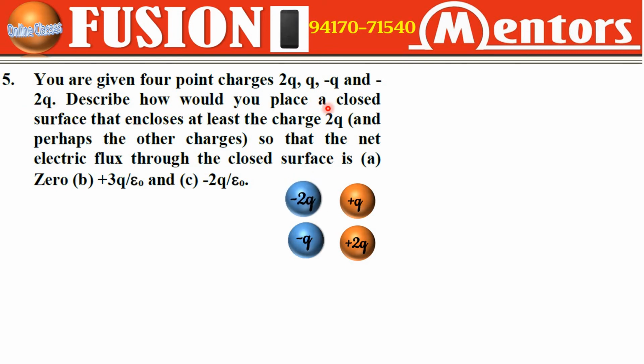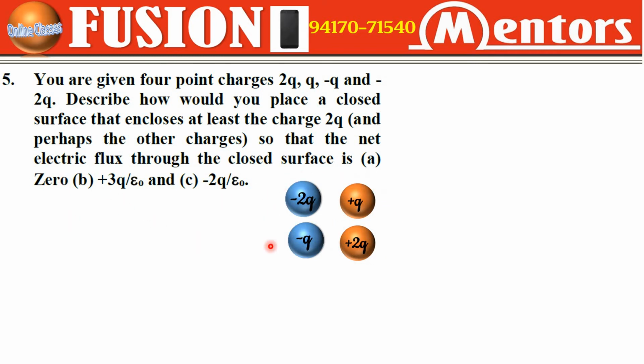Describe how you would place a closed surface that encloses at least the charge 2Q and perhaps the other charges, so that the net electric flux through the closed surface is 0. 2Q is to be placed in all the cases A, B, C. 2Q has to be inside the surface. How would you manage the remaining three charges, so that total electric flux is 0?